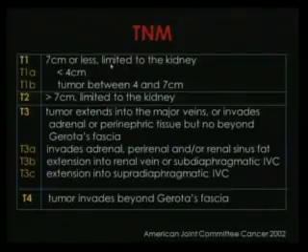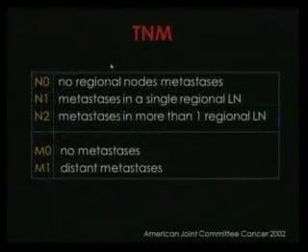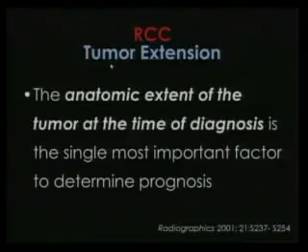T4 is when the tumor invades Gerota's fascia. For N, we have N0, no regional lymph nodes involved, N1, a single regional lymph node, and N2, more than one. And obviously M0, no metastasis, M1, distant metastasis.